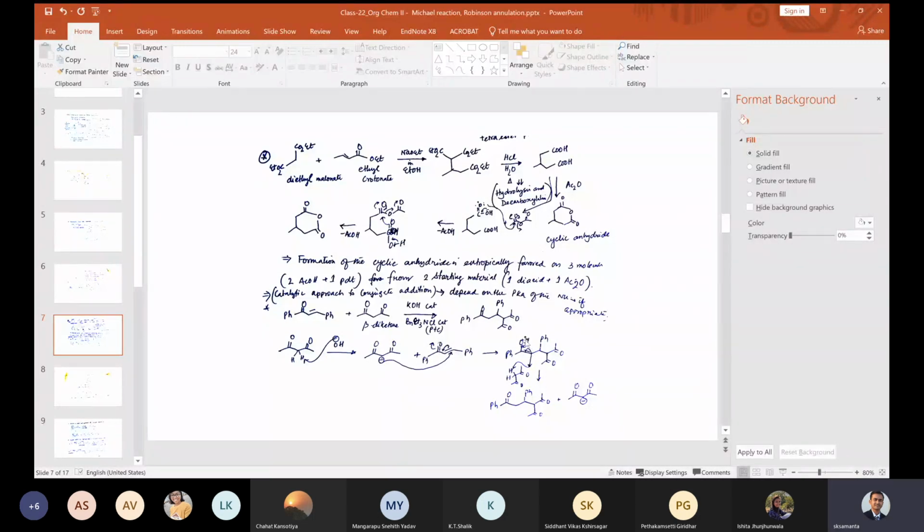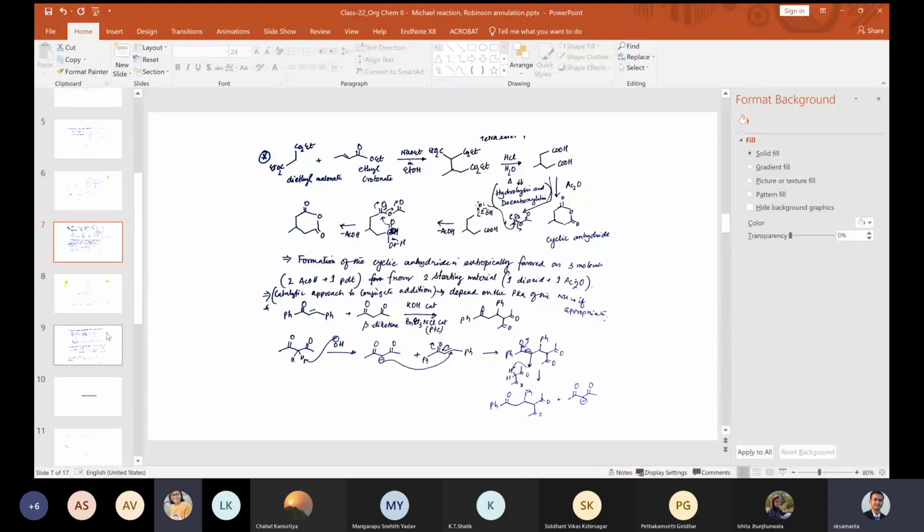Now the question is, if this O negative comes back, can it pick up a proton from the starting material? If yes, then we can do this reaction. So this O negative picks up a proton from this starting material, so that this forms again catalytically. Then this can again react with this one, and this becomes a product. Okay?